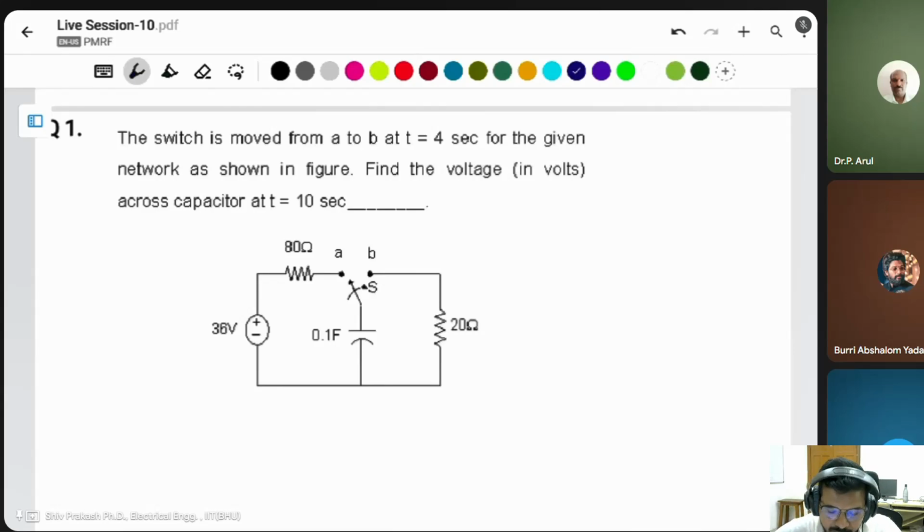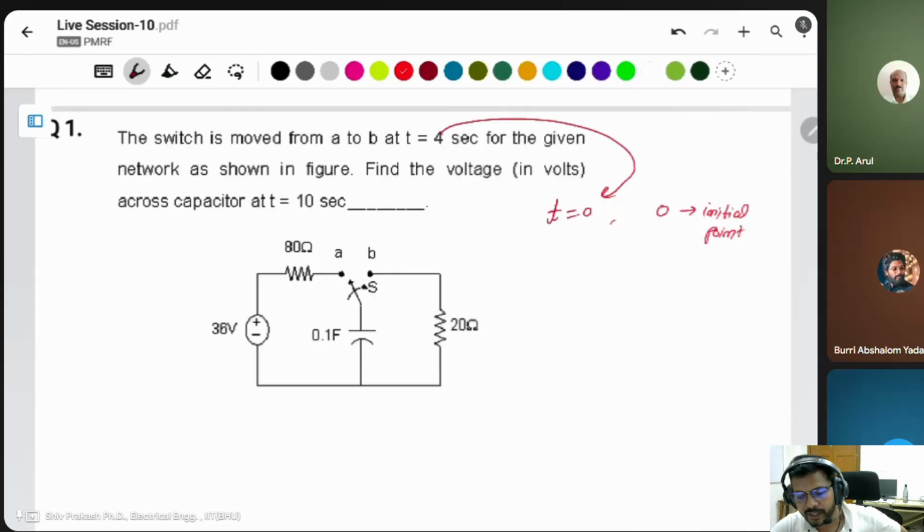Okay, same thing: if 4 seconds is given, then 4 seconds is your initial point, just like if t equal to 0 seconds is given, then 0 is the initial point of that circuit. But here it is 4 seconds, so you have to take 4 seconds as the initial point.